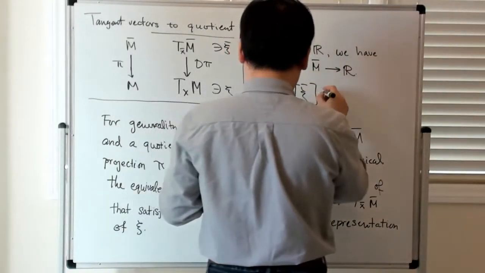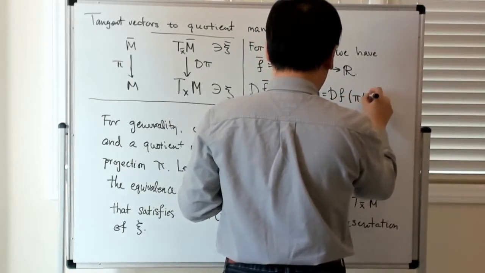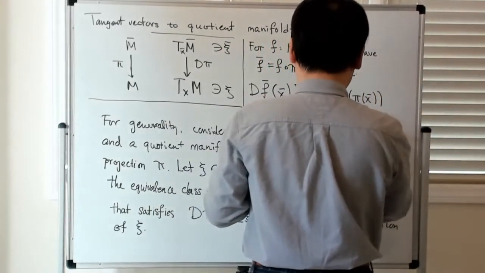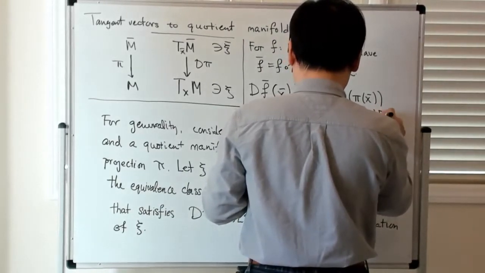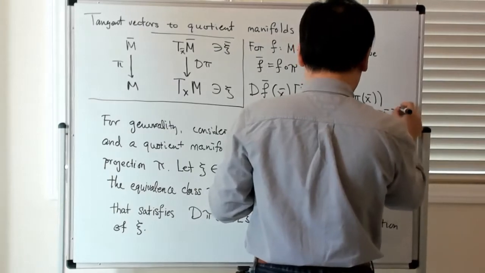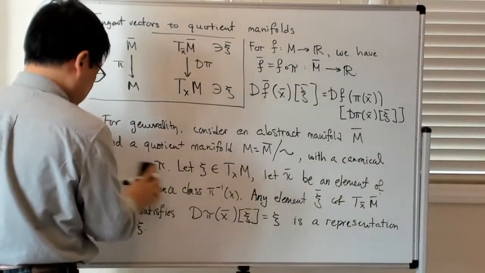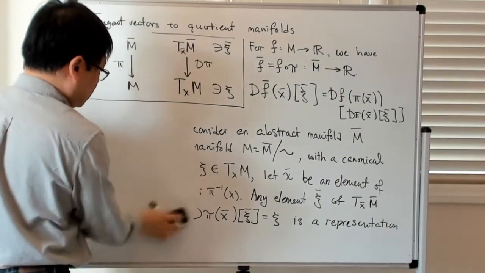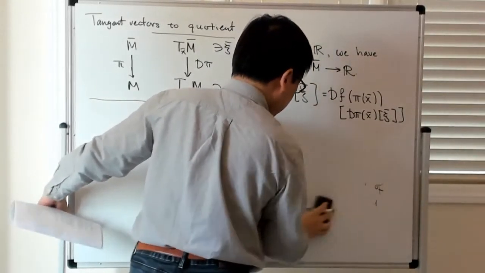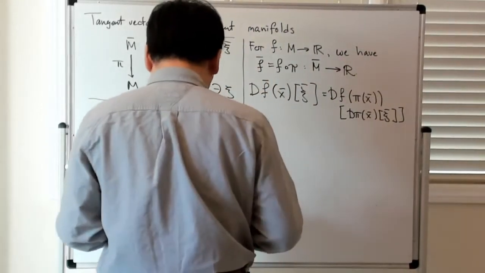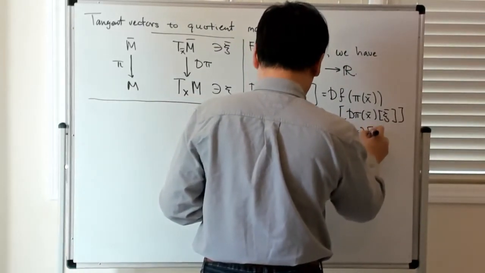And then this is equal to df at pi x bar, applied to d pi x bar of c bar. And that's just equal to df of x applied to c.